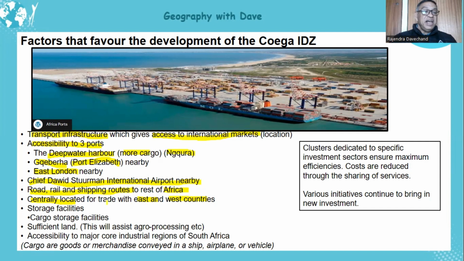We have storage facilities, as you can see here, at the Kura port, where we have beautiful storage facilities, etc. And they can store their cargo. And you know what cargo is, eh? I've explained that in other presentations: goods and merchandise conveyed by ship, plane, etc. So we have storage facilities.